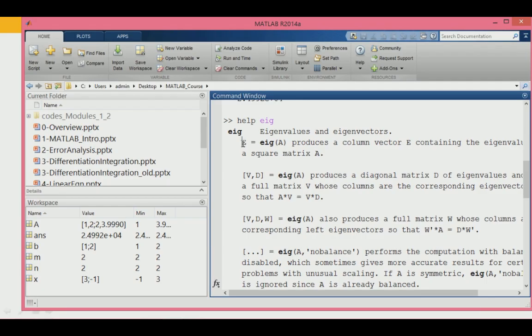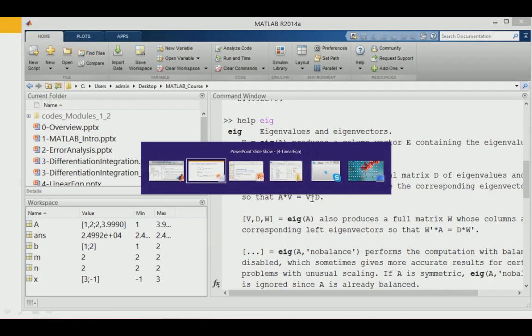If we give a command EIG with just one output argument, we are going to get a column vector containing eigenvalues. However, if we give 2 arguments V and D, V is going to be a matrix containing the eigenvectors, and D is going to be the matrix whose diagonal elements are the eigenvalues.